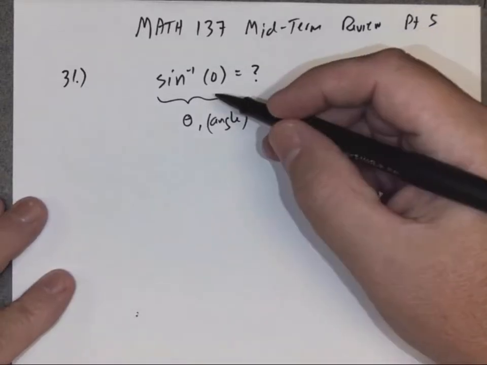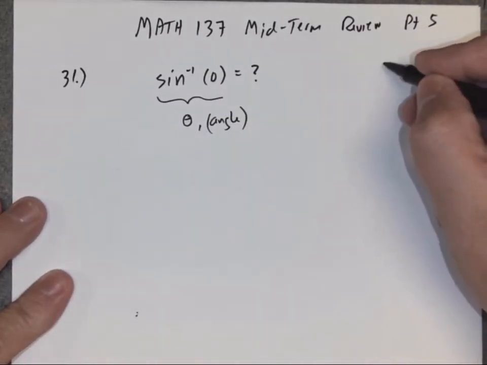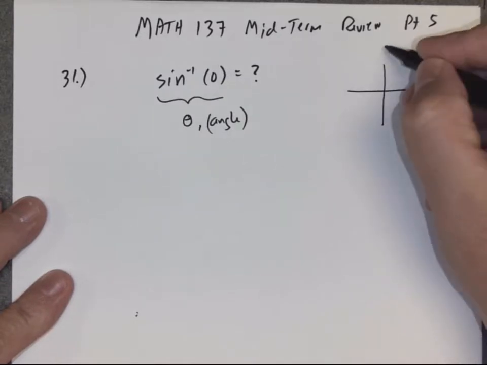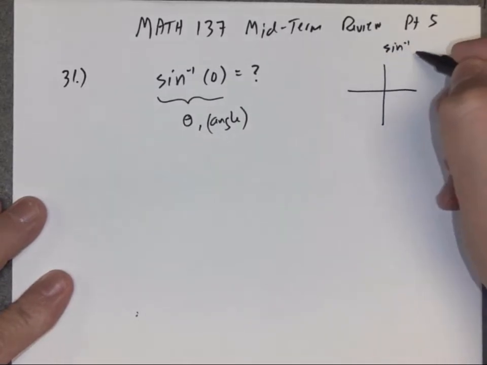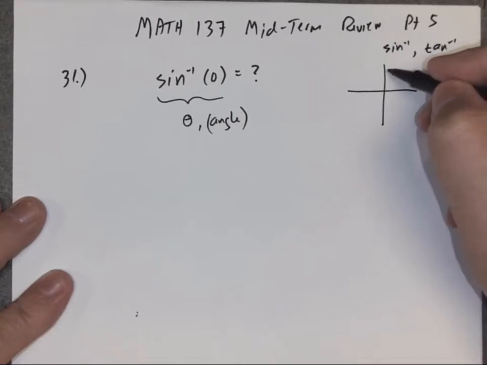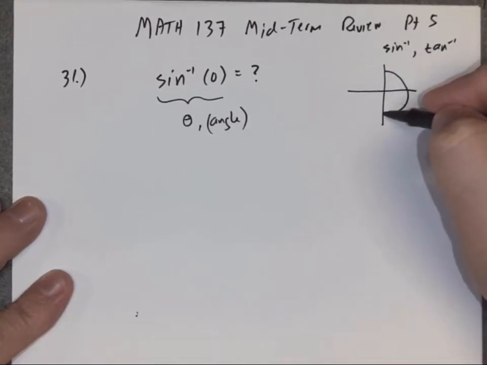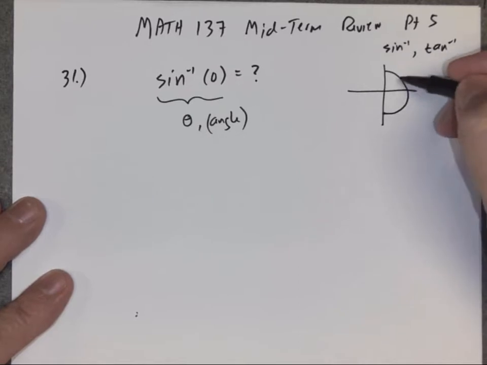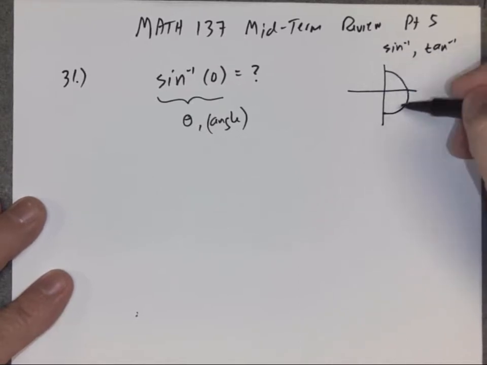In other words, I'm looking for an angle here, but when I do either an inverse sine function or inverse tangent function, the angle can only be here, like on the right half of the circle.